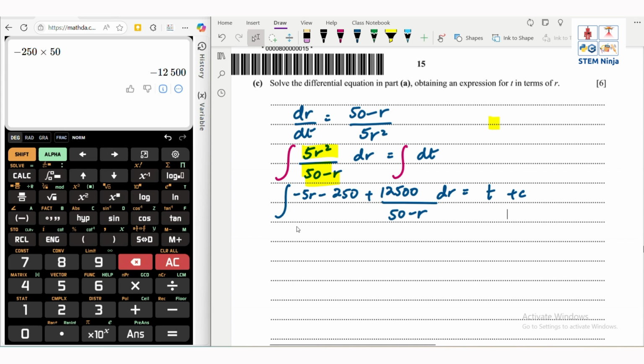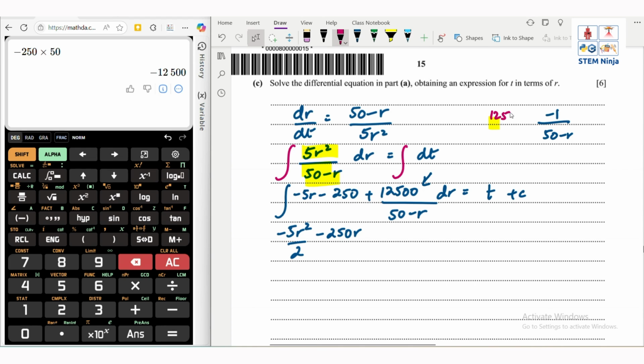So integration of the left hand side is easy. This will become minus 5r squared over 2 minus 250r. Now, this will be handled by ln. How? Because you have 50 minus r in the denominator, we need minus 1.